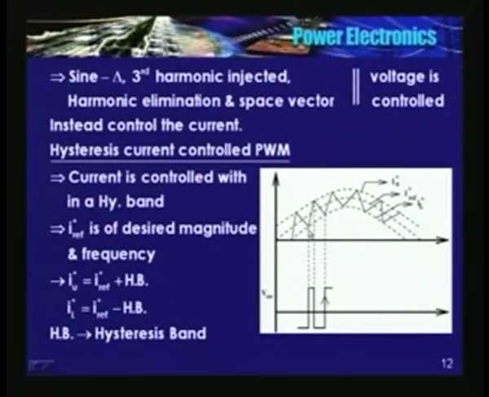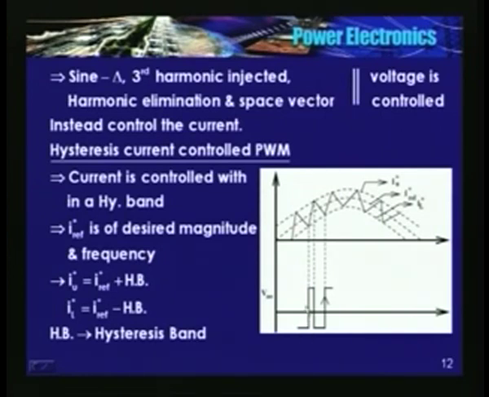And when it touches the upper band, I will open the upper switch and close the lower switch. Now the voltage applied is minus VDC by 2. Current reduces. See here. When it has touched the lower band, so this is the lower band, this is the upper band, I close the upper switch.